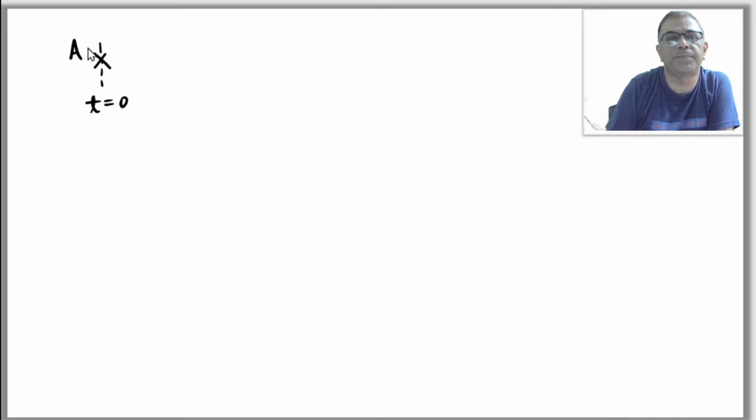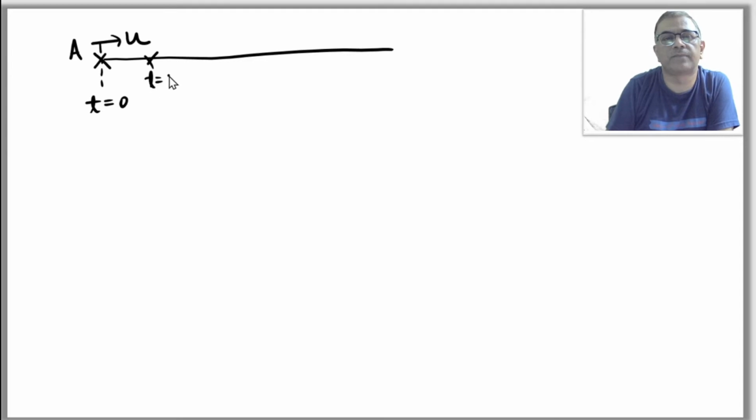Particle is here and has some initial velocity u. t equals 0 happens to be the time of observation when the particle is at position A and crossing point A with speed u. And you see, t equals 1 second, and this is t equals 2 seconds.